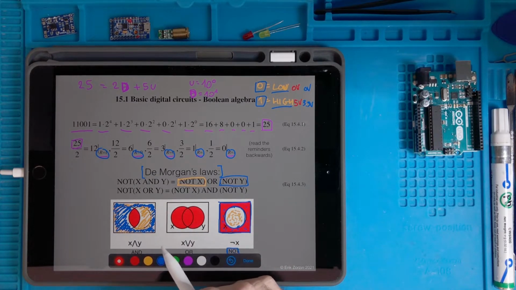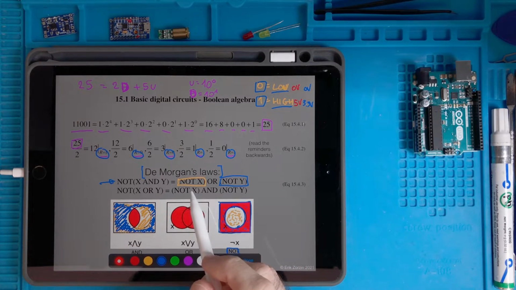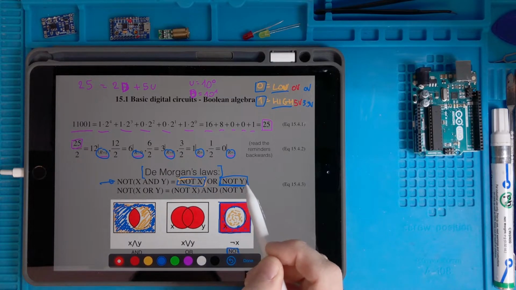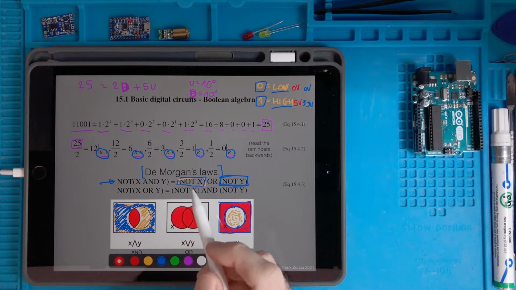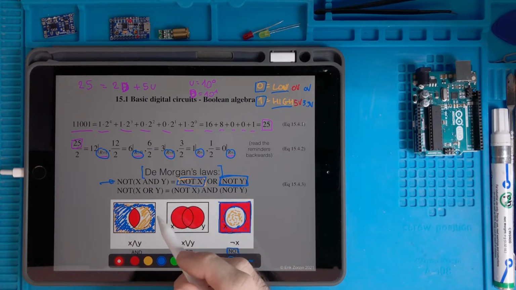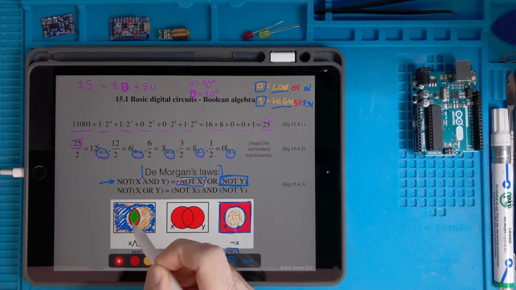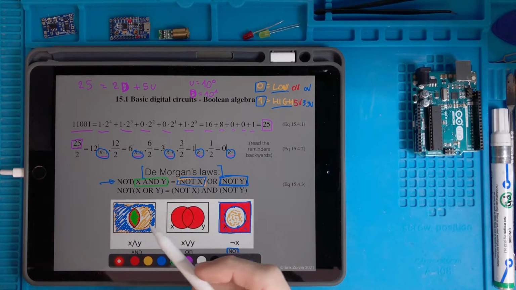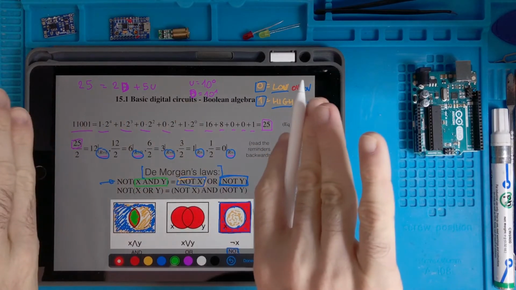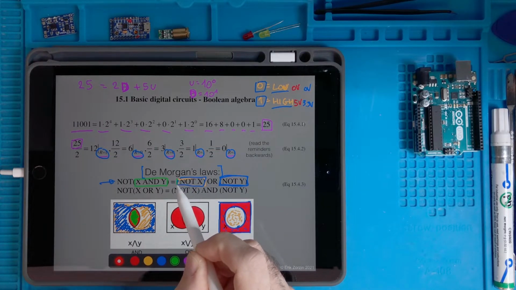So this thing is saying that if I take either the elements from here or here, so the blue and the yellow, this corresponds to the NOT of X and Y. So the X and Y was this set, the intersection, and therefore the NOT of this intersection is the part which is outside, which is the blue merged with the yellow, which is what is written here.